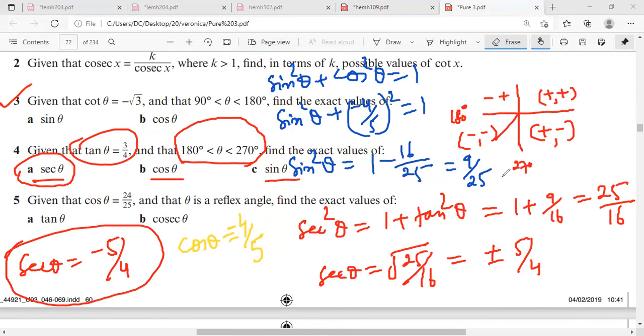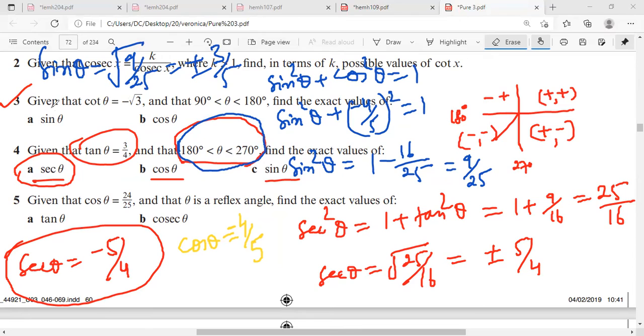And to find sine theta, I'll find the square root of this. That means sine theta is equal to the square root of 9 by 25, which should be plus minus 3 by 5. But sine theta is negative in this third quadrant. We are talking about the third quadrant here, right? So our sine theta should be minus 3 by 5.